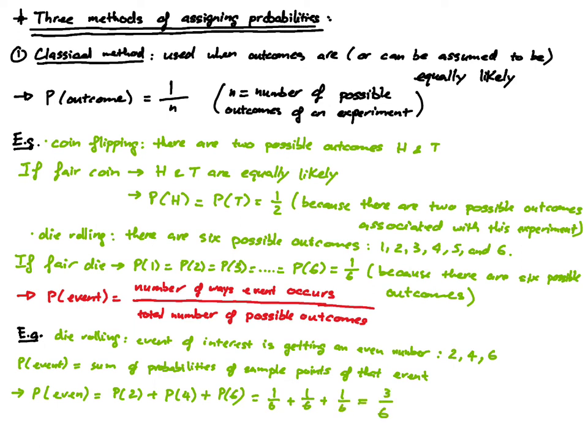Okay? But then notice that 3 is just the number of ways we can get an even number. And 6 is just the total number of outcomes.